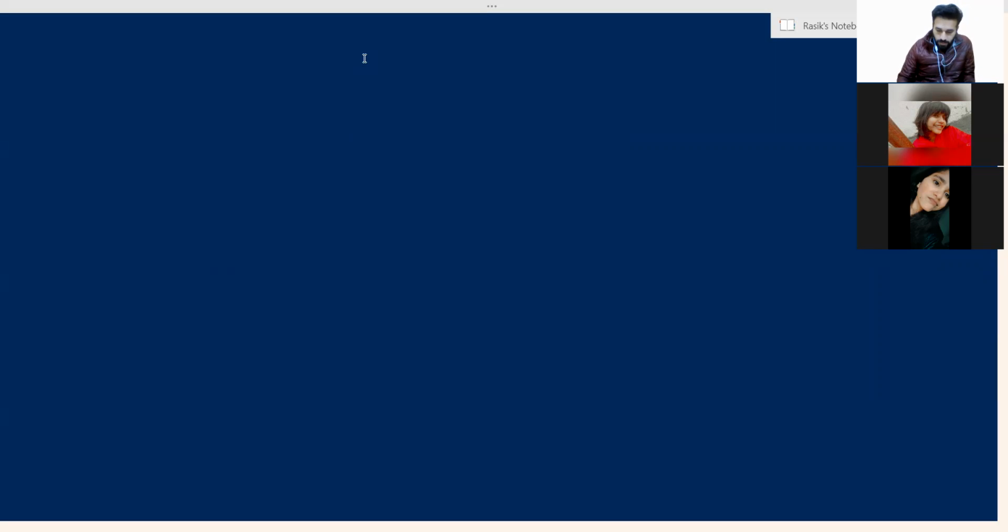The bar graph, line graphs and linear graphs. So you need graph paper for this chapter.